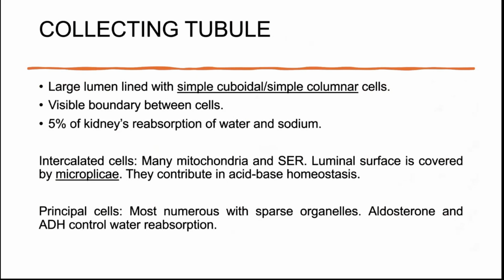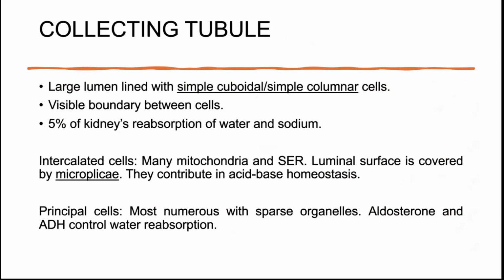These structures could be either microvilli or protrusions of the plasma membrane forming something similar to microvilli, so they are just called microplicae. The function of the intercalated cells is maintaining acid-base homeostasis, which basically means they determine how the kidney is supposed to act if it's undergoing alkalosis or acidosis.